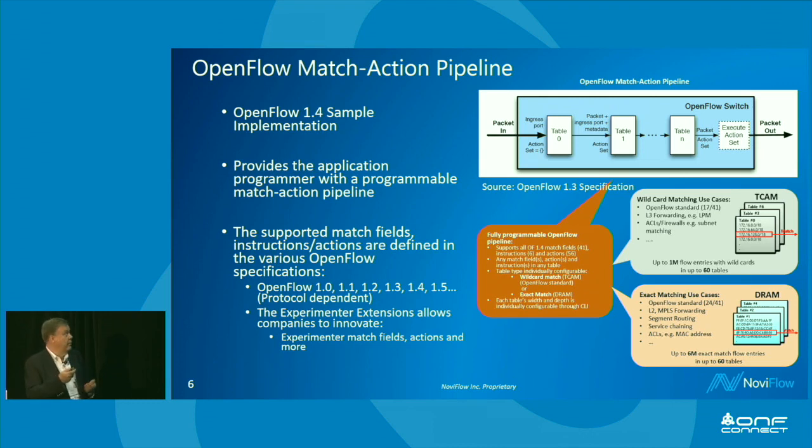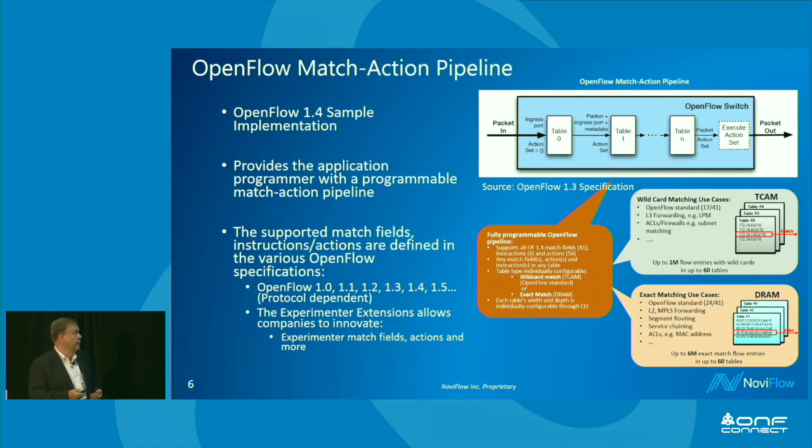And in OpenFlow 1.4, we implemented every single one of the 41 match fields. We had all the 6 instructions that are defined, and 50-some actions defined. So it was really a very rich tool set for the application programmer to define the pipeline that they wanted.